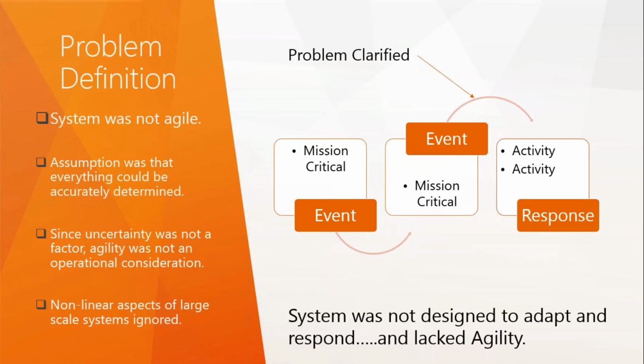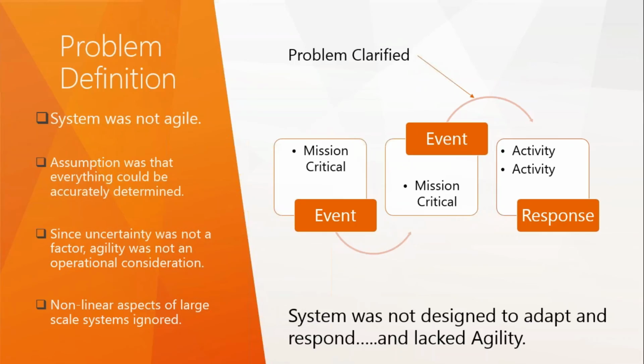The assumption was that everything could be accurately determined. That's a fairly common assumption. It actually did not prove to be correct. So that was an assumption that was considered no longer useful. Since uncertainty was not a factor, agility was not an operational consideration.